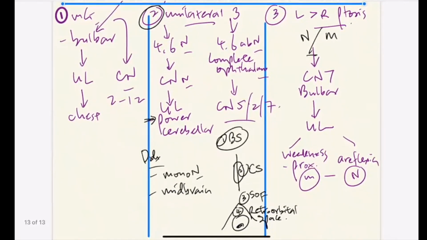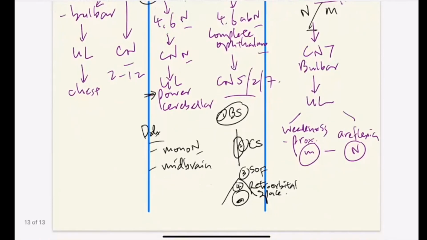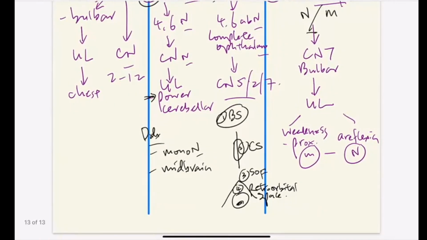The first branch of the trigeminal nerve was involved with reduced sensation over the forehead. However, other cranial nerves were normal, including the second and the seventh nerves. Therefore, I think the lesion is likely in the cavernous sinus or the superior orbital fissure, and the common etiology for cavernous sinus lesion will be cavernous sinus thrombosis, whereas for superior orbital fissure will be a metastatic lesion or primary brain tumor or granuloma.